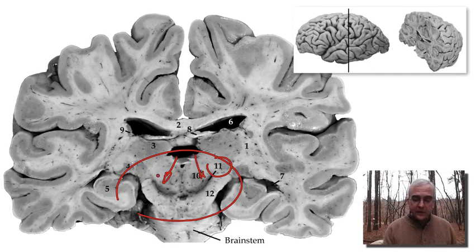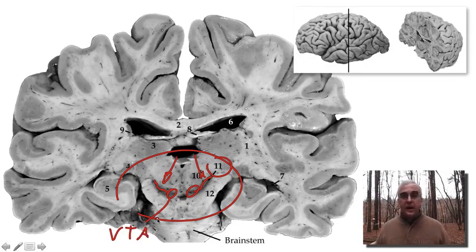So here we've got the cell bodies of the neurons that synthesize and release dopamine at some distance at their axon terminals up in the basal ganglia and in the cortex. And in the medial part of this region where we have dark substance, that's our ventral tegmental area. And that too is a place where the cell bodies of these neurons reside that send their axons up into structures associated with the limbic forebrain and release dopamine there.